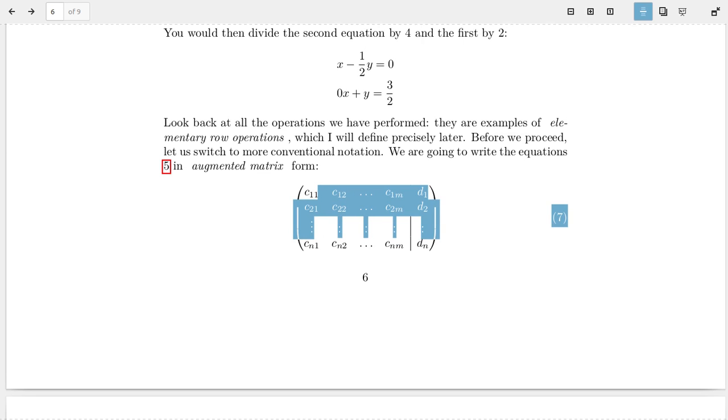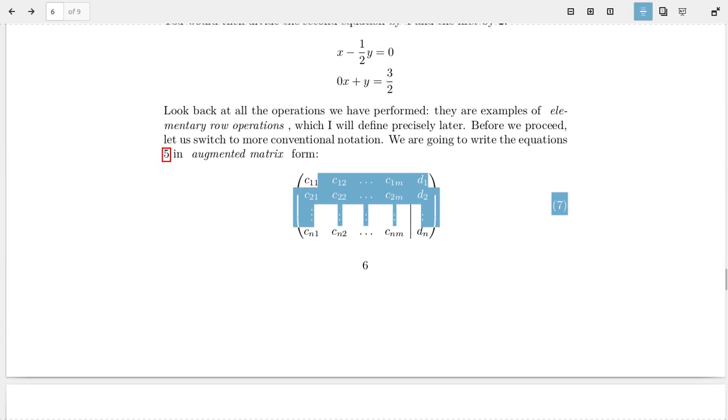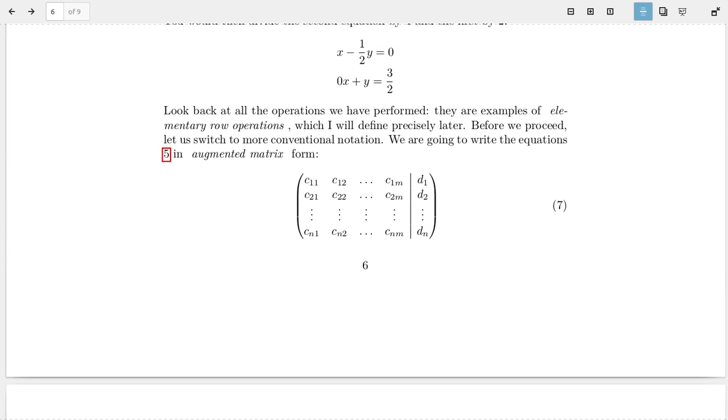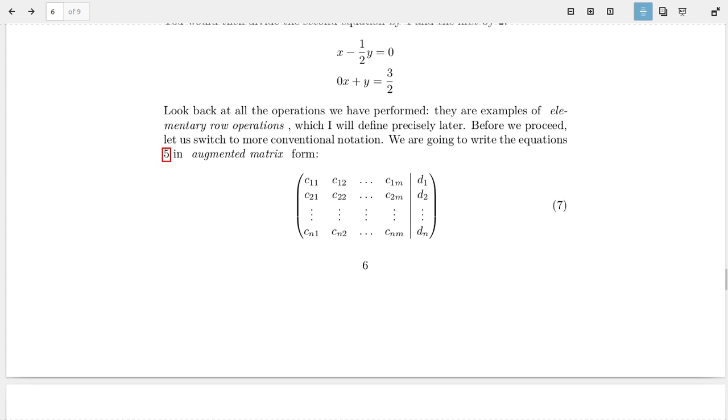By augmented, we mean that it has been made bigger. So this is augmented matrix form. Now notice that there's a barrier here. Mathematically, this barrier means nothing. We could have done without it, but we need to separate the coefficient matrix from the right hand side of the equation.